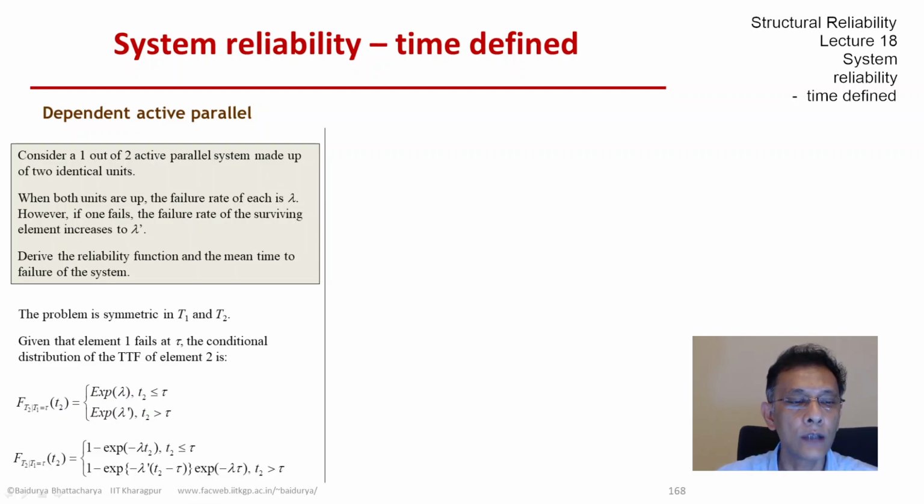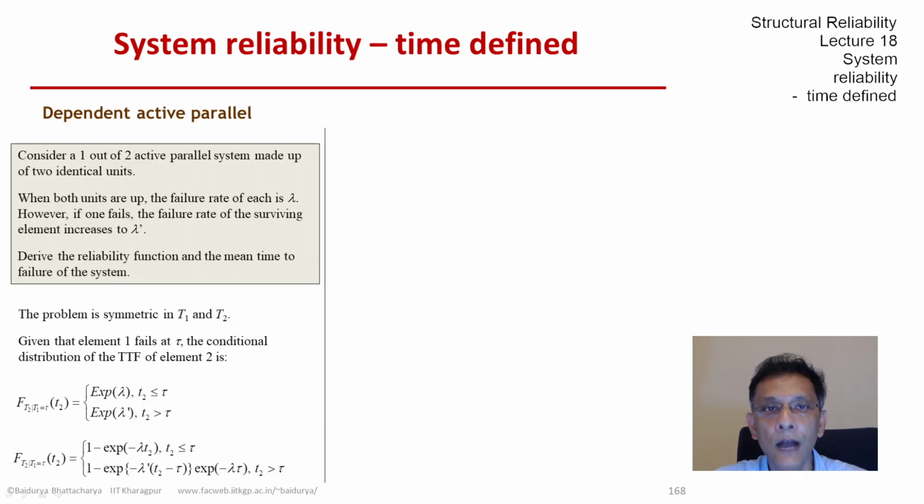So if we want to expand these exponential forms, we have to do it carefully. Before tau, there is no problem. T2 has the exponential form with lambda. Element 1 is still working. But when element 1 fails, then we have to develop the second line of that f of T2 given T1 carefully. The first exponential term basically says that the clock is reset.